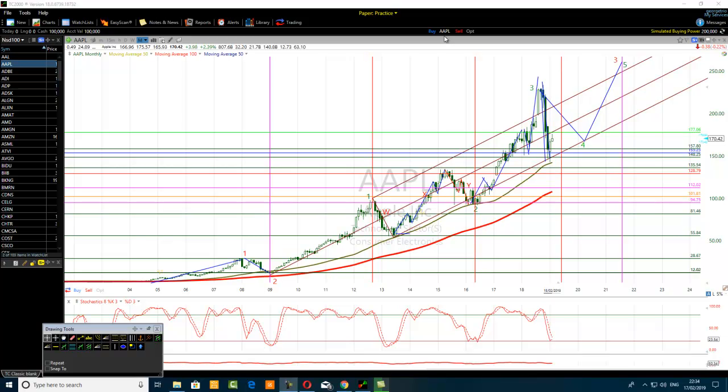Generally speaking, an impulse wave is in the direction of the trend and usually subdivided into five minor waves. Corrective waves are usually subdivided into three waves. So when we are counting waves, we are applying those rules to identify what is an impulse wave and what is a corrective wave, without breaking the Elliott wave rules.